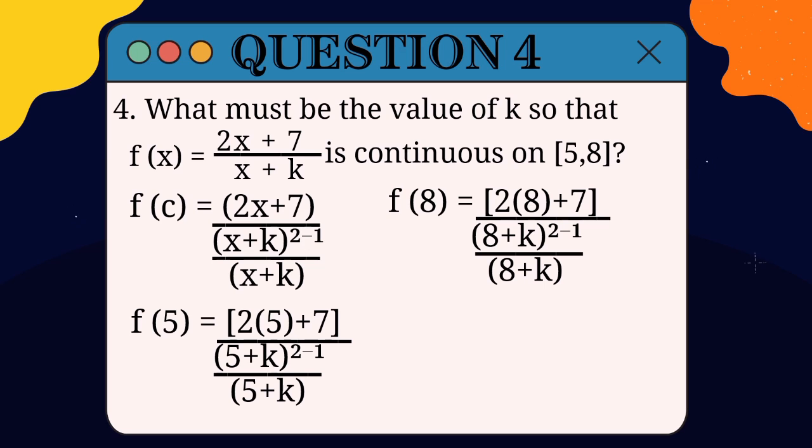Set derivative of 5 equal to derivative of 8 and solve for k. 2 times 5 plus 7 over 5 plus k squared minus 1 over 5 plus k is equal to 2 times 8 plus 7 over 8 plus k squared minus 1 over 8 plus k. And last, simplify and solve the equation for k. The value of k that makes the function continuous on the interval from 5 to 8 is 1.